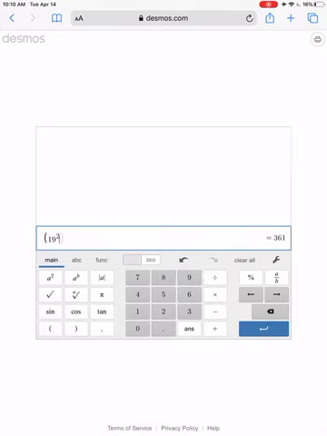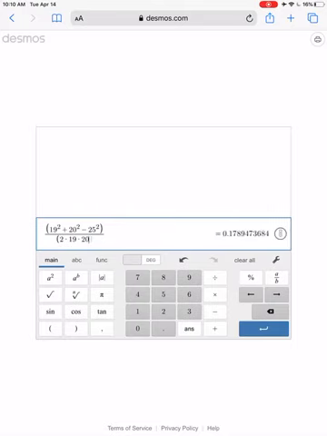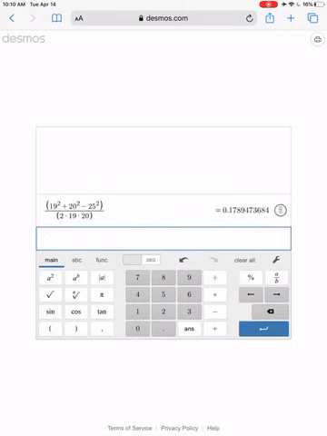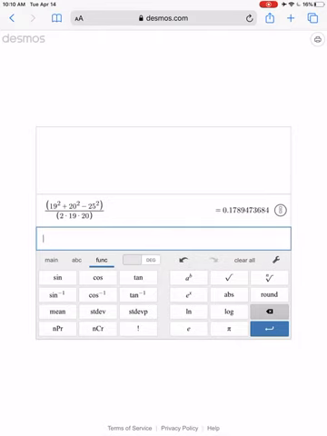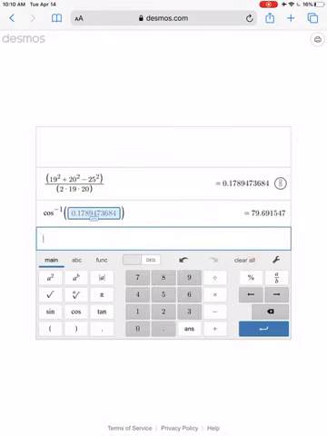So 19 squared plus 20 squared minus 25 squared divided by 2 times 19 times 20. We hit enter, so you get 0.1789 blah blah blah, and we want to take the inverse of that. So inverse cosine of our answer. And you get 79.69, so the 9 bumps the 6 up to 7.